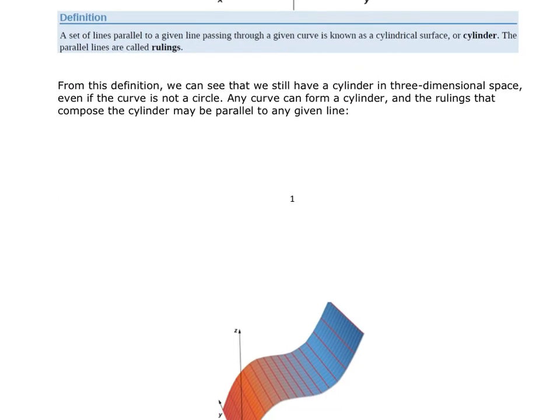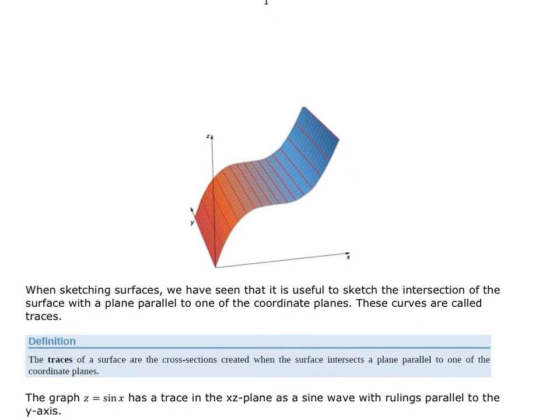So if we take a look at this example, you can see the shape is not circular. However, it can be made up with a bunch of parallel lines. In this case, my parallel lines are running parallel to the y-axis. These red lines are my parallel lines. These are my rulings.